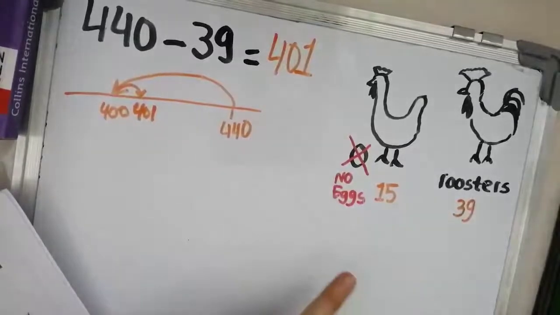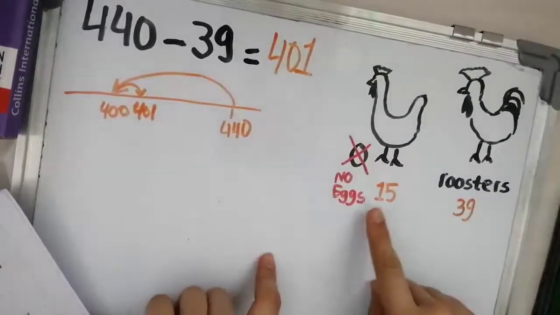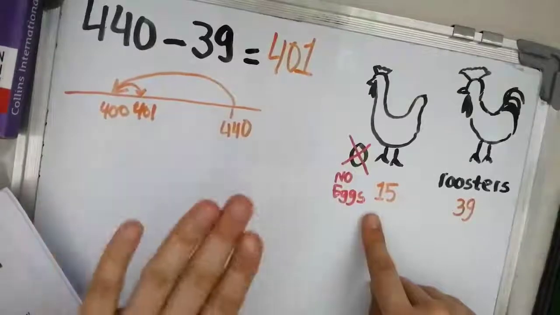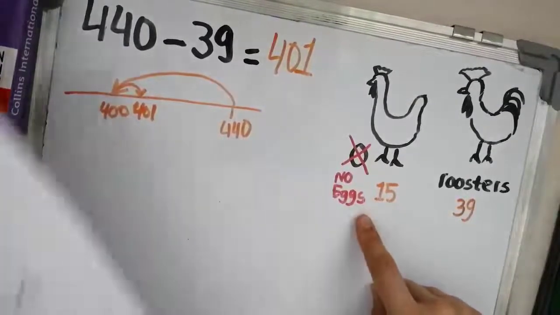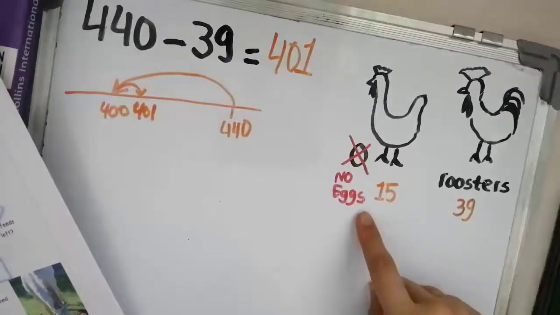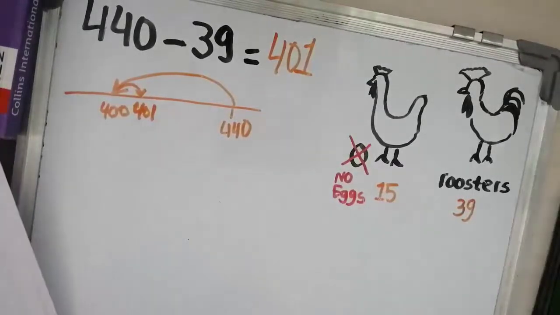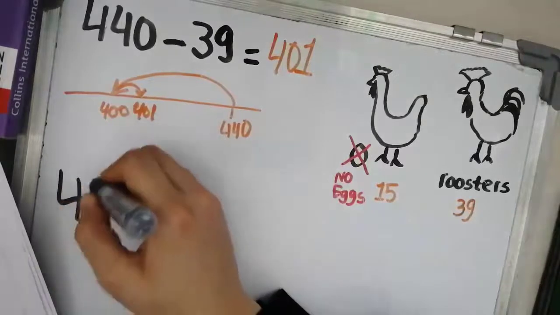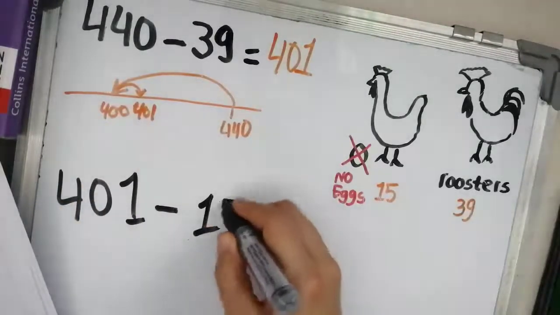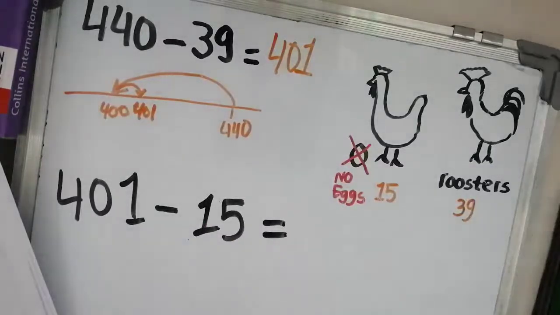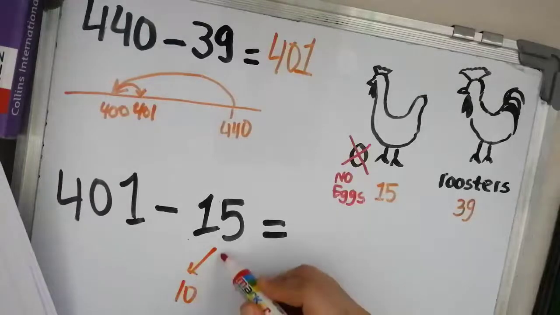All right? This was the first step. Second, I'm going to take away the hens that do not lay eggs, or the hens that I don't need right now. Okay? So 401 minus 15. Okay? Now I can partition the second number into 10 and 5.